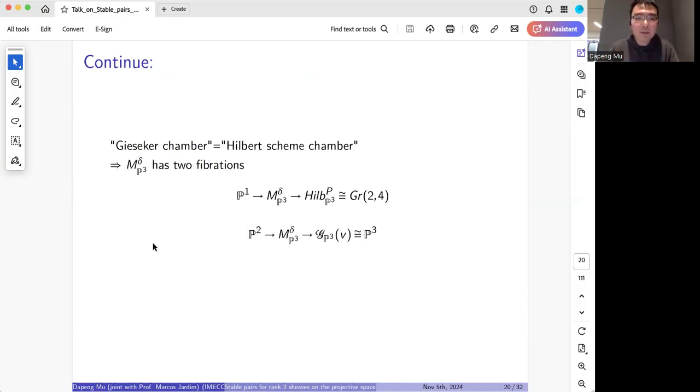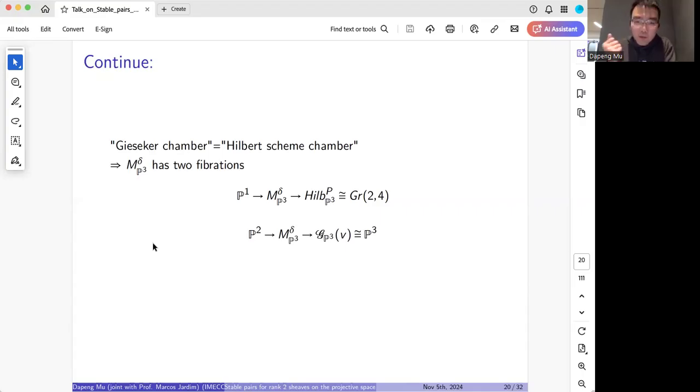And what we have is these two fibrations. The moduli of delta semistable pairs, for any delta between 0 and the collapsing wall, has two fibrations. It has a fibration over the Hilbert scheme, which in this case is the Hilbert scheme of lines, the Grassmannian G(2,4).